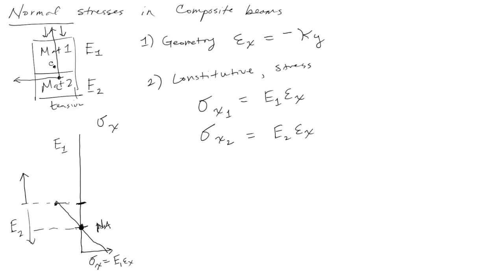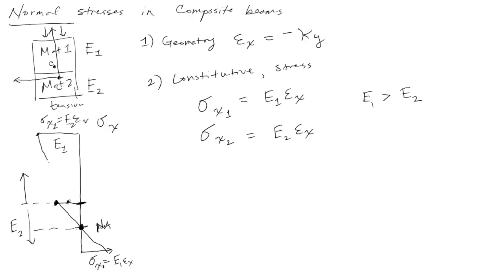Now if we look at the first material, let's say E1 is greater than E2, then sigma x2 at the change in the materials is going to be something less than this value right here. Maybe it starts here, and then it increases to some final negative compressive value. This is sigma x1, sigma x2, E2 epsilon x.